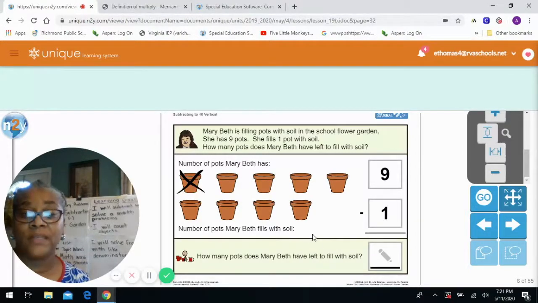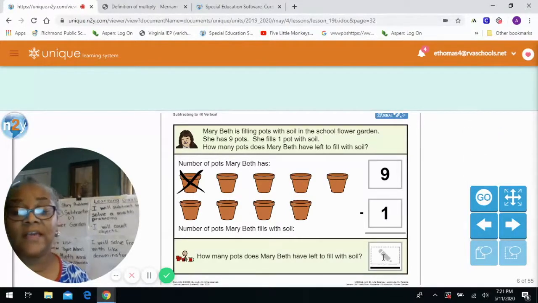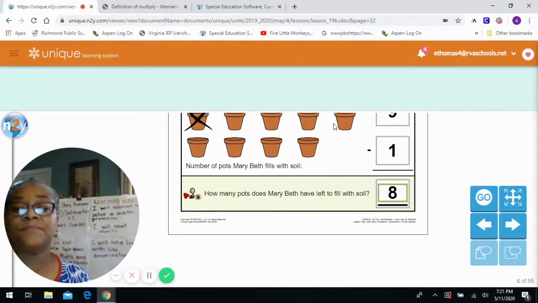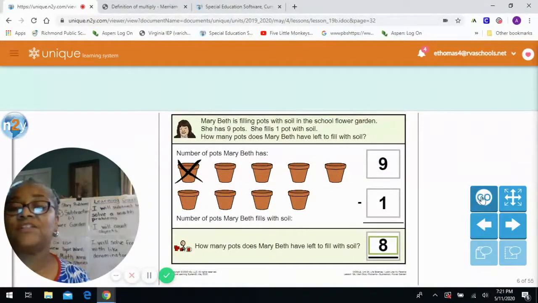Remember, addition is how many in all or how many all together. When we see the word left, that means subtract. So how many do we have left? 1, 2, 3, 4, 5, 6, 7, and 8. So we have 8. Good. Awesome. All right, let's continue.